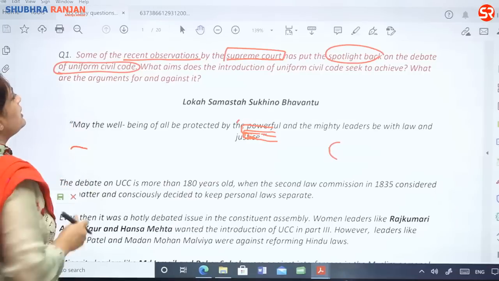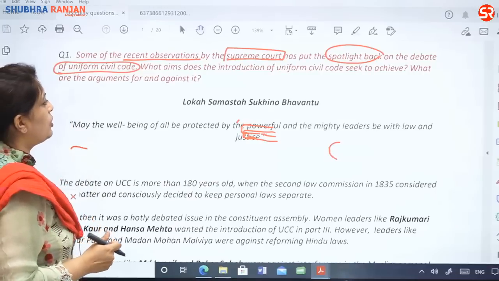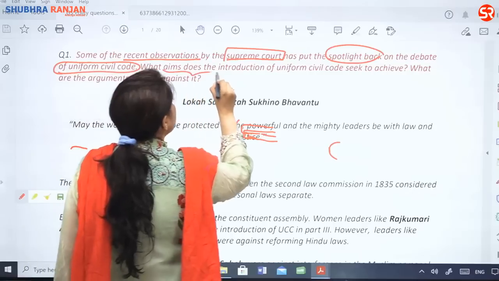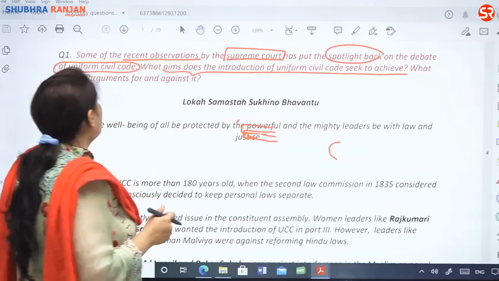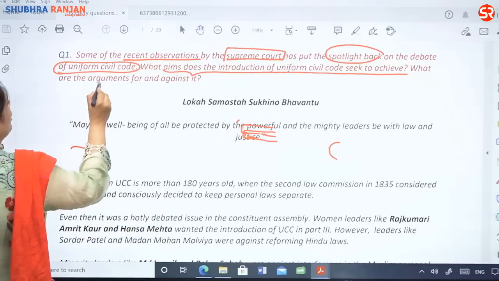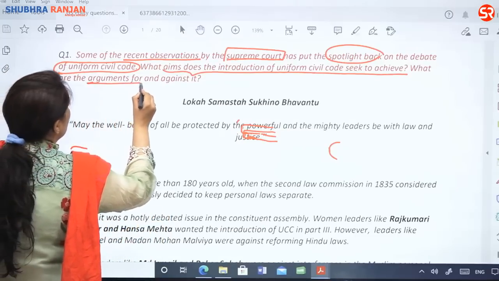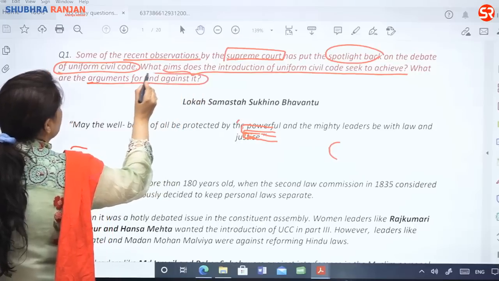What aims does the introduction of Uniform Civil Code seek to achieve? What are the arguments for Uniform Civil Code and against it?